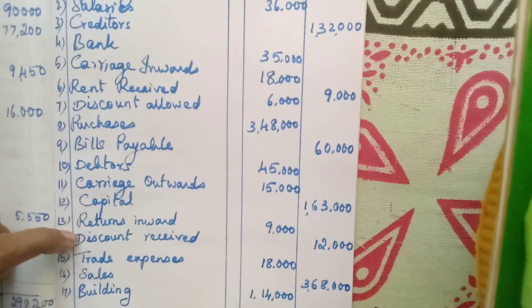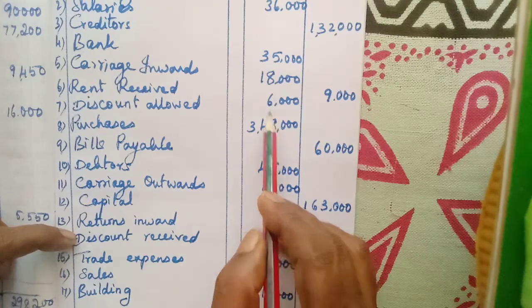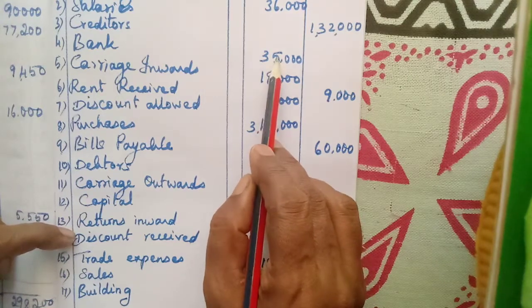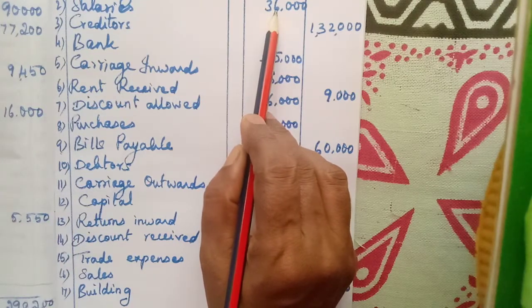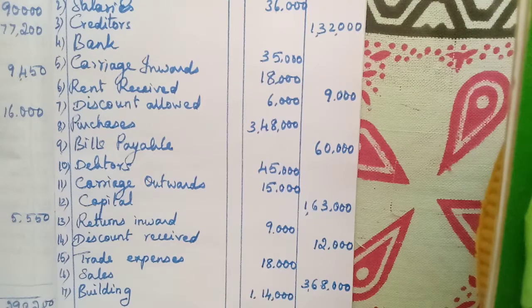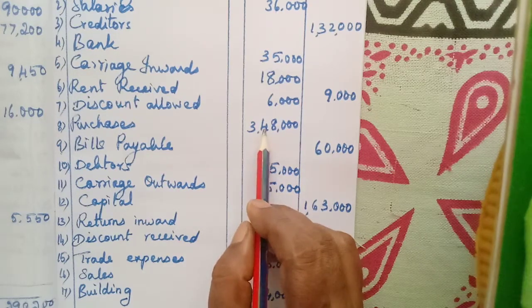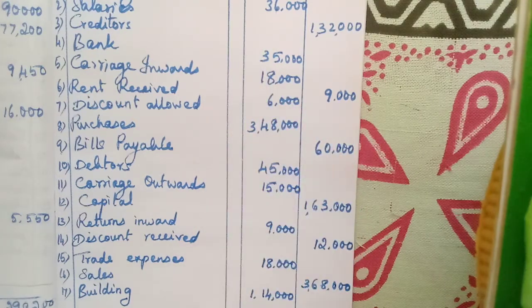Then 4, 12, 21, 31, 39, 45, 53, 58, 64. Balance 6 plus 1, 7, 8, 9, 13, 17, 18, 21, 24.